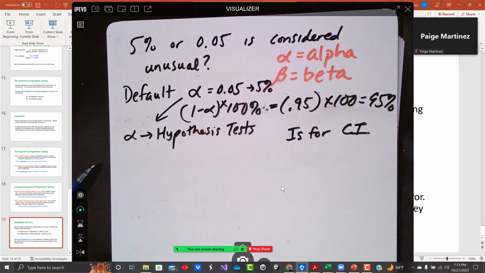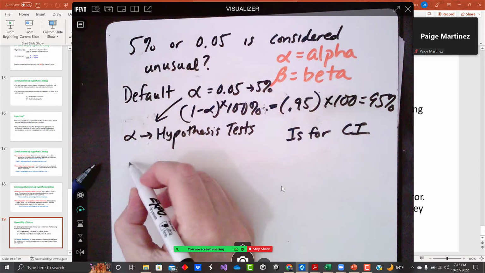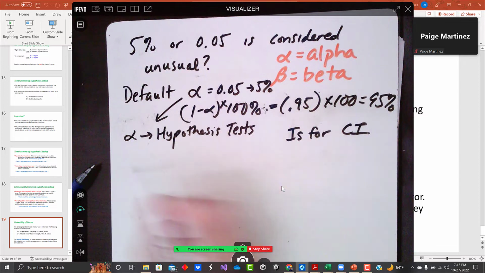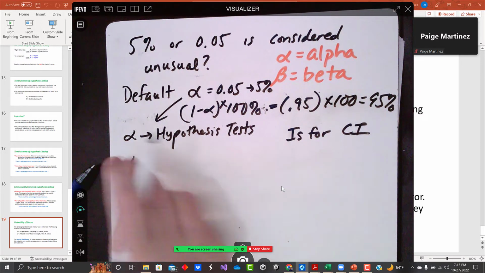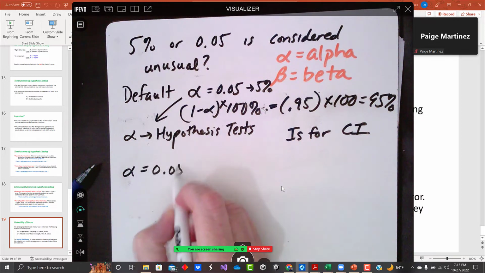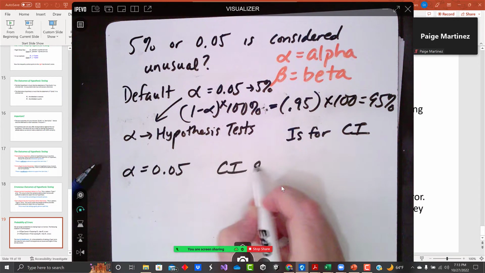Okay? And we'll see this when we start doing some hypothesis tests. We'll do confidence intervals and hypothesis tests and show you how they match up. When alpha is 0.05, our confidence interval is 95%.